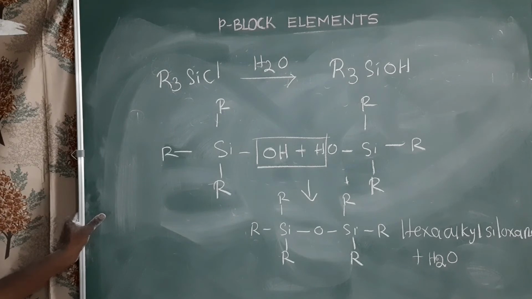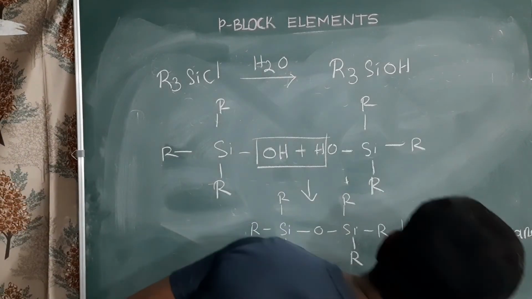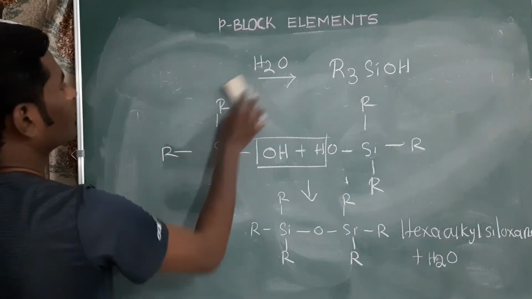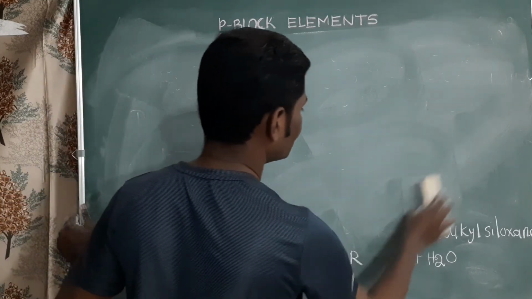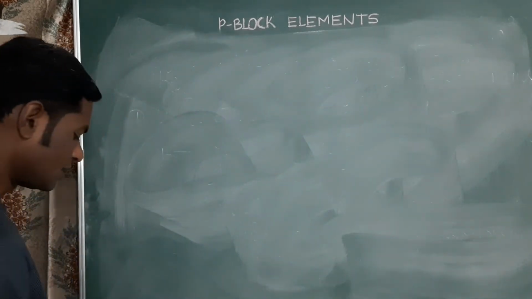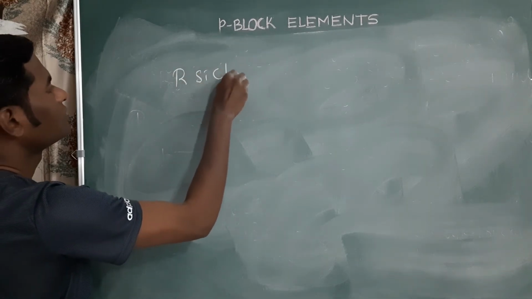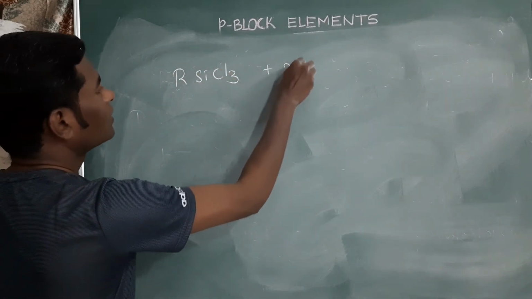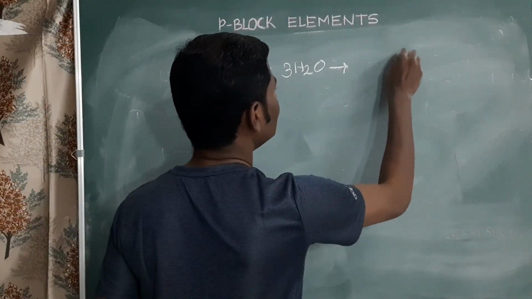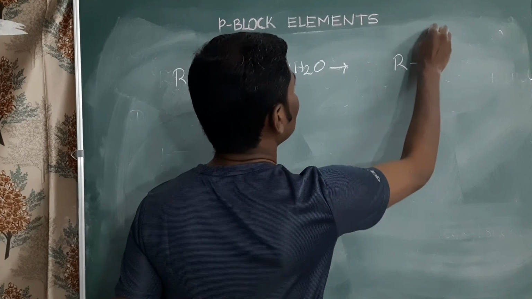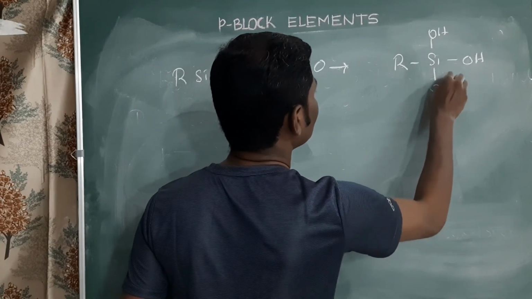The next combination is alkyl trichlorosilane. Structure of alkyl trichlorosilane: RSiCl3. When treated with 3 molecules of water, all 3 chlorines are replaced by hydroxyl groups.